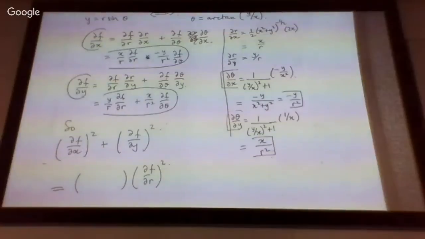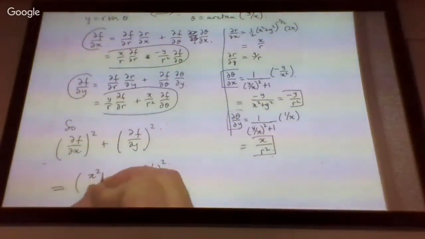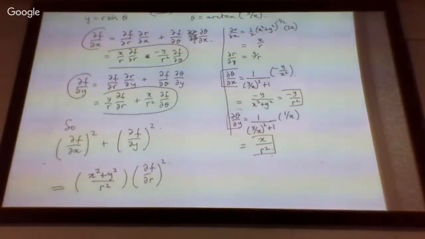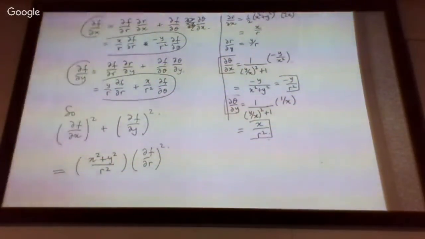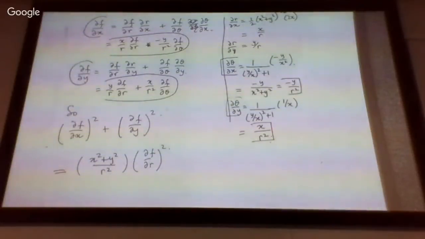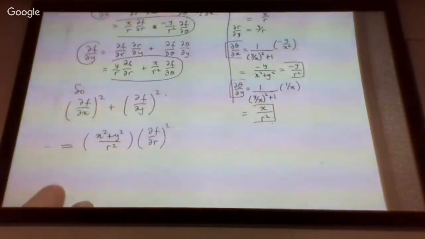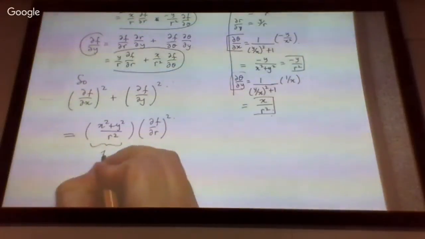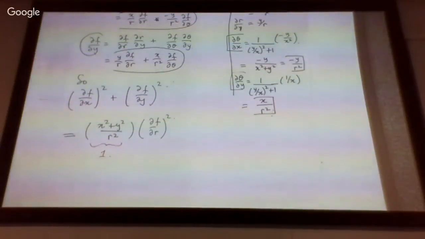What's another name for that, x squared plus y squared over r squared? That's a much simpler name. What would you rather say? Someone whisper it? 1. So that's nice. So we just get the square of df dr.